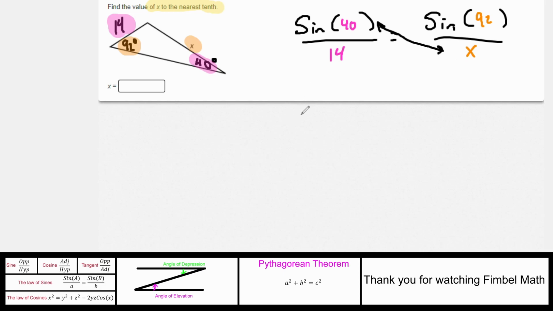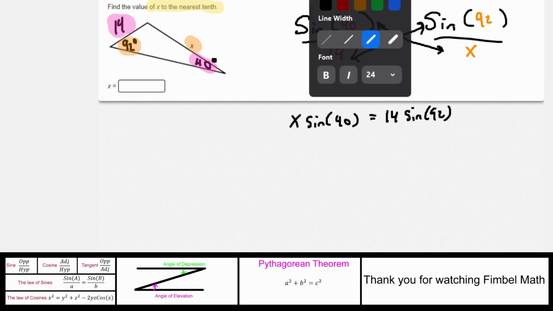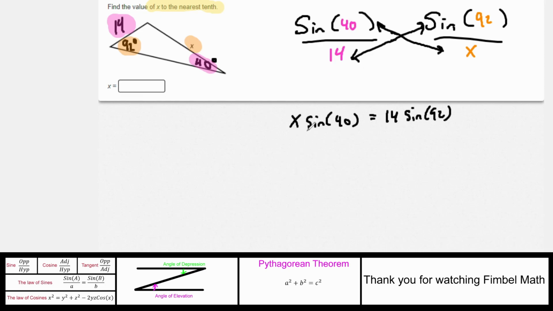X times sine 40 and 14 times sine 92. Keep my equal sign, even though I've completely obliterated it. And now I have to isolate my x. Never forget that the sine 40 here is just a number. And if I have x times the number, to undo that, I divide by the number.